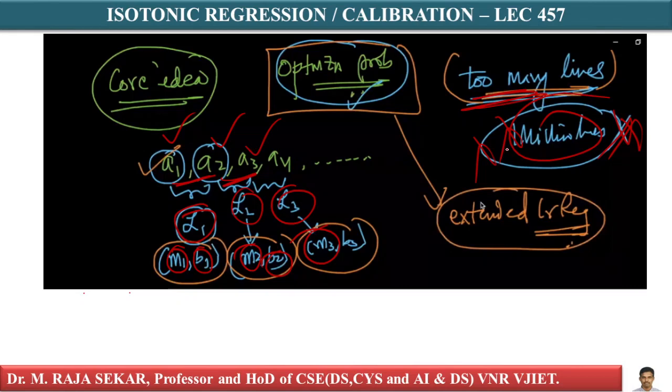So the optimization problem tries to find your thresholds A1, A2, A3, A4, and the slopes M1, M2, M3, and intercepts B1, B2, B3 of these lines, while enforcing a constraint that there should not be too many lines.